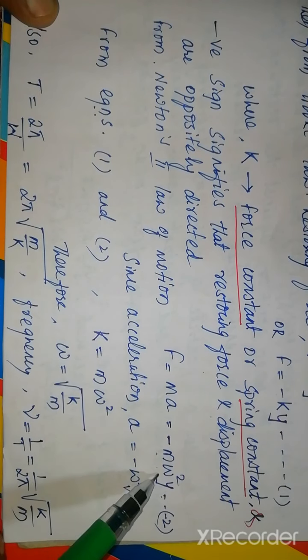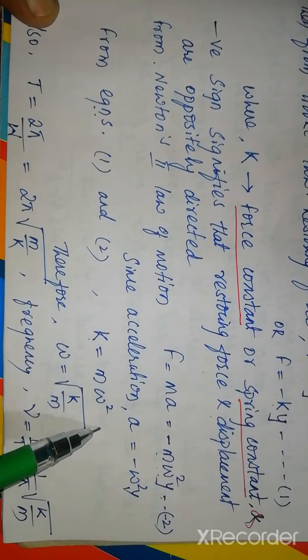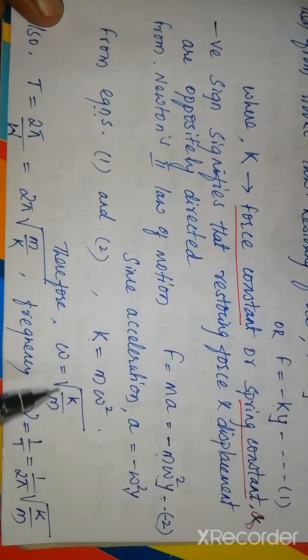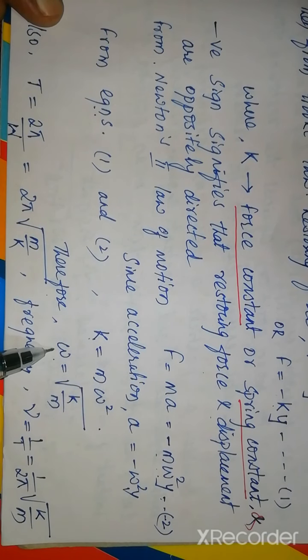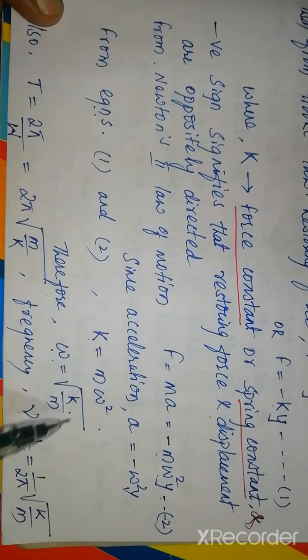So m omega square equals k, or k equals m omega square. So rewriting, we get omega equals root k by m. Omega is angular frequency or angular velocity. It is the root of the ratio of the spring constant or force constant to the mass of the particle or body.